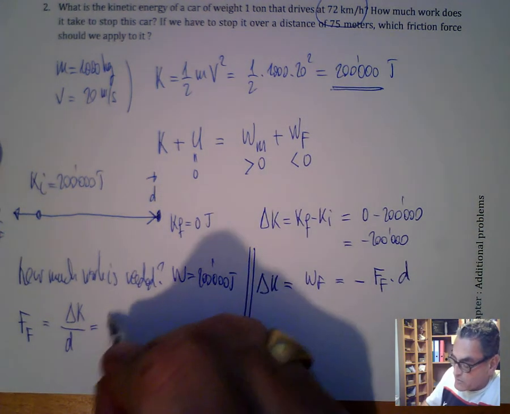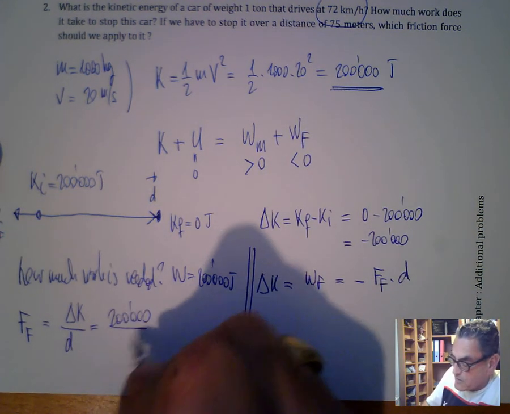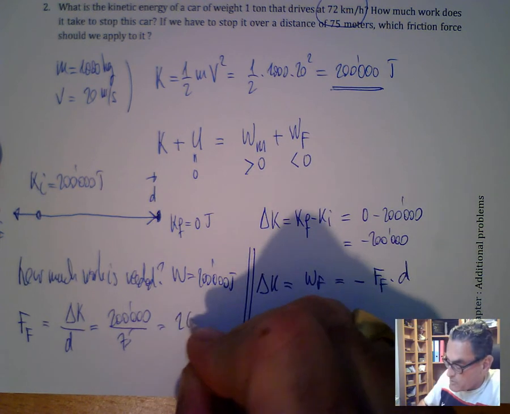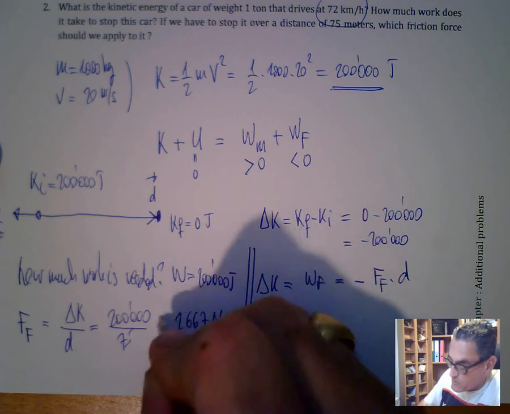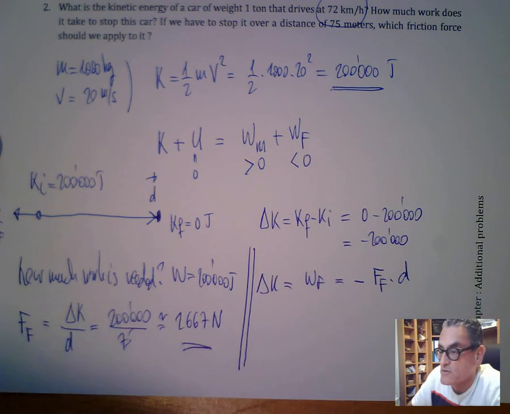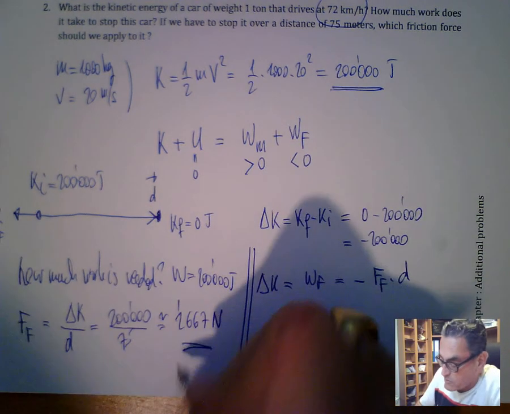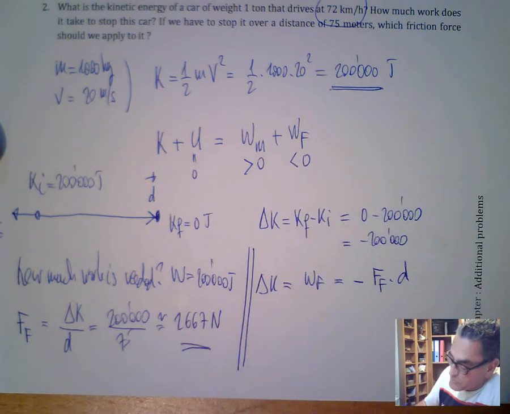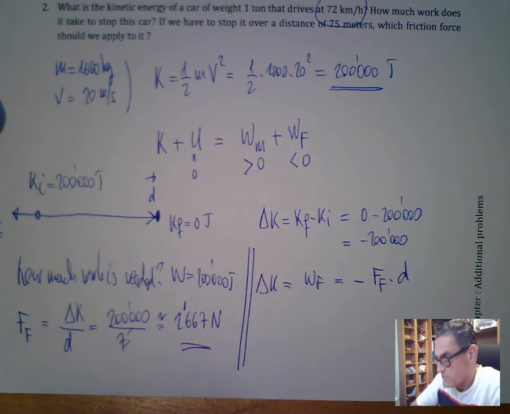So this is 200,000 divided by 75, and that gives us a force of 2,667 newtons approximately. It's 2666.6 periodic. Let's round it up to 2,667, which is quite an acceptable braking force for acting on a system like that.